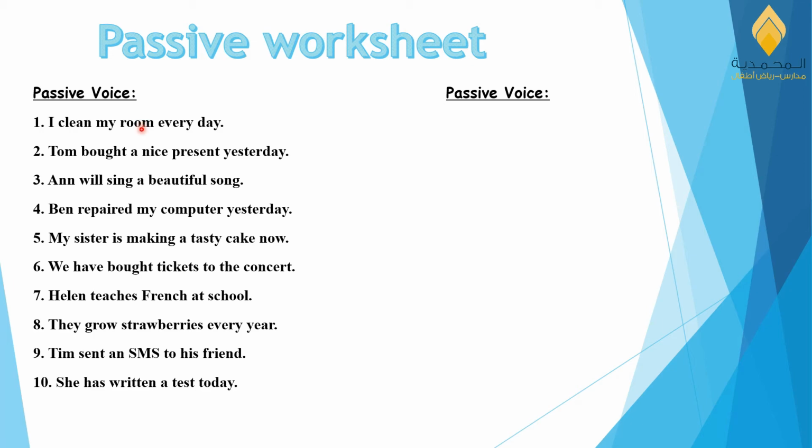What's the tense of the sentence? Present simple. What is the correct form of the verb to be? Is, yes. And what's the verb 3 from clean? Cleaned. So our new sentence is, my room is cleaned every day.